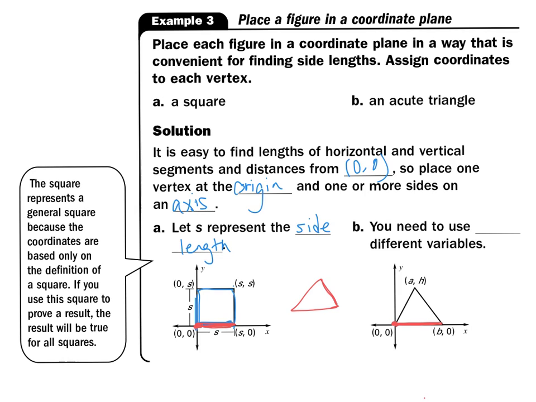In this case, you need to use three different variables, right? Because you have 0, 0 here, you have B, 0 here, and here they use A, H. You can use C, D or some other letters, it doesn't really matter, but you can easily see how to read the coordinates of that vertex.